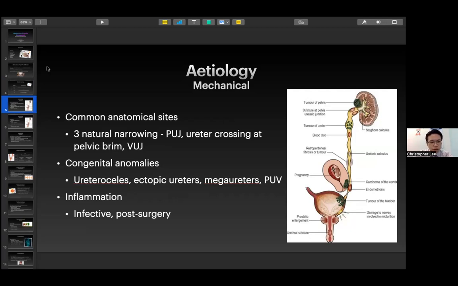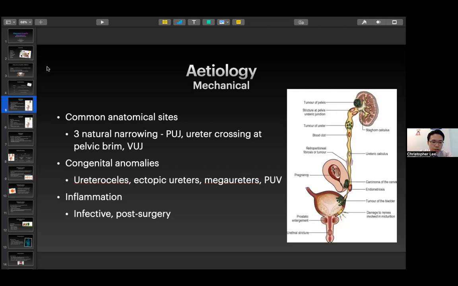The next structural cause is congenital anomalies. These will be detected either antenatally, at birth, or even in the early childhood years. Examples are ureteroceles, ectopic ureters, megaureters, and posterior urethral valve.